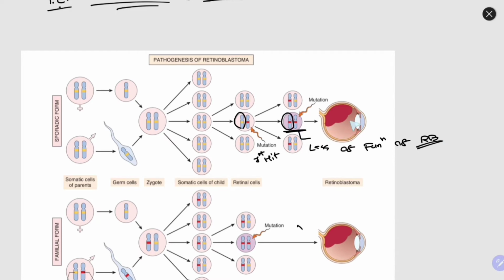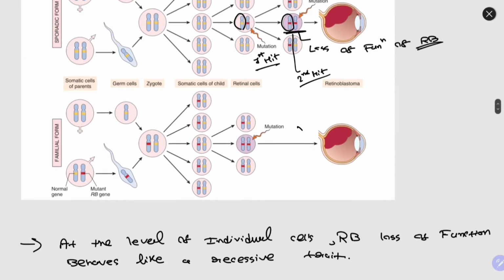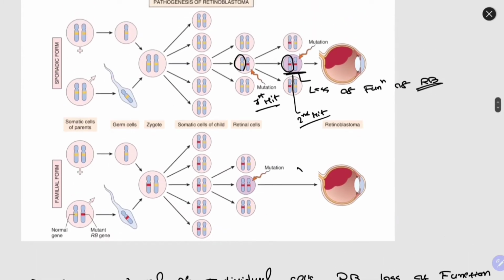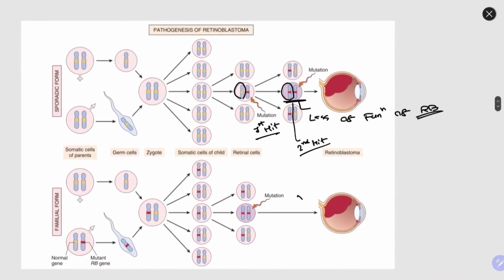So there will be retinoblastoma formation. This is the sporadic form. As you know, there is a second hit here. Getting two hits in the same gene is a hard thing. It is not that common, it is rare.